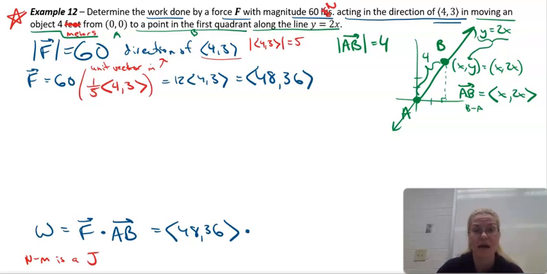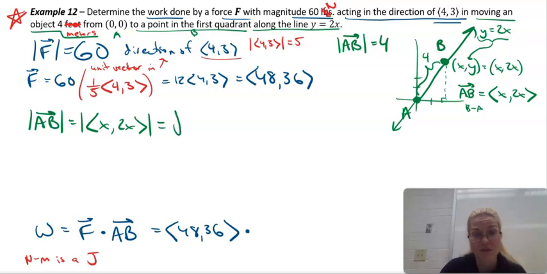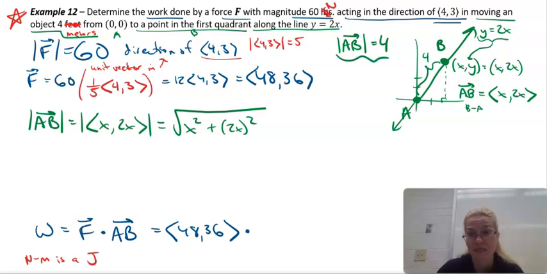So what is the magnitude of AB if I know that the component form is x comma 2x? Well, that magnitude is going to be the square root of x squared plus quantity 2x squared. But that's got to equal 4.